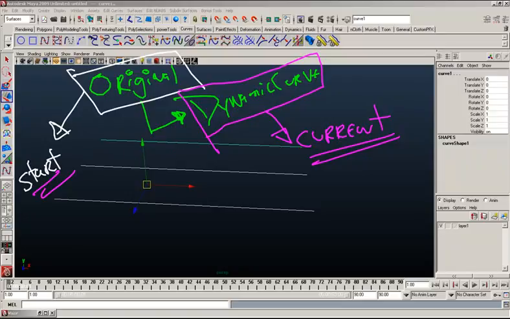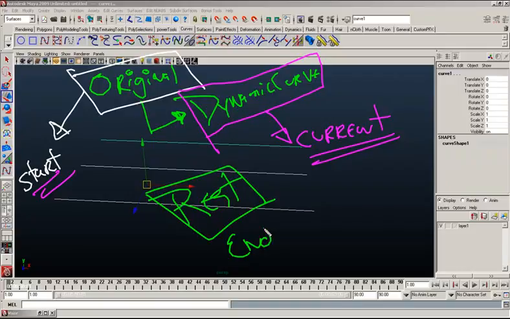And there's sort of like a last one, but that's more once we get into hair, but I want to introduce it right now, which is called the rest curve. So that's sort of like, I don't know, you want to call it the end curve.